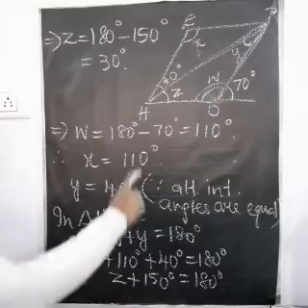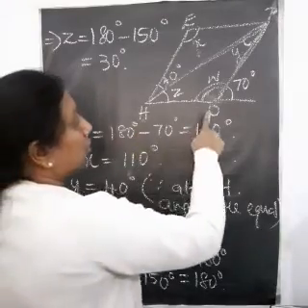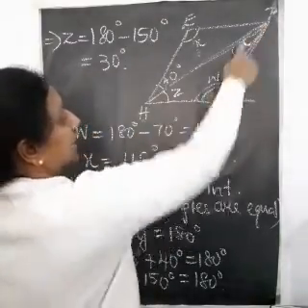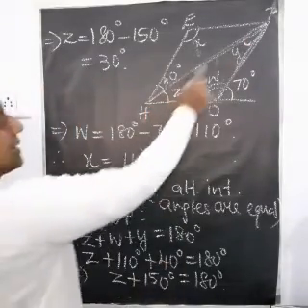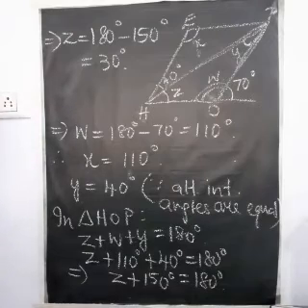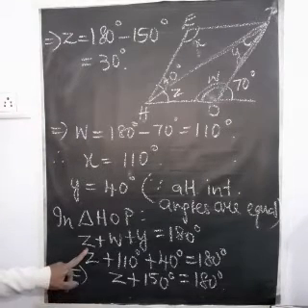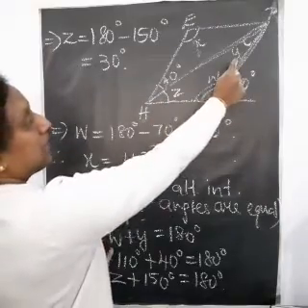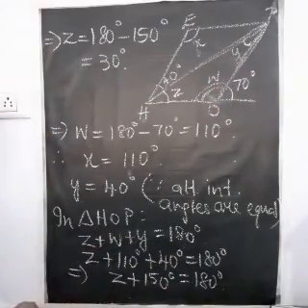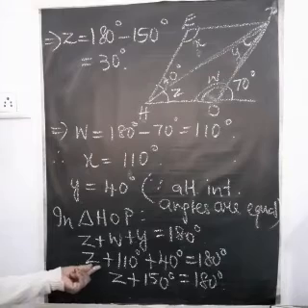Now you go for this triangle HOP. This is a triangle. What is the angle sum property in a triangle? The three angles will add up to 180. That is what I have done. Z plus W plus Y equal to 180. So now substitute.